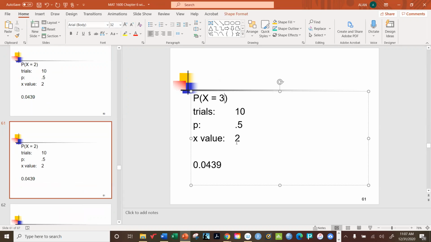Change that to a 3 and recalculate it. 0.1172, let's say.